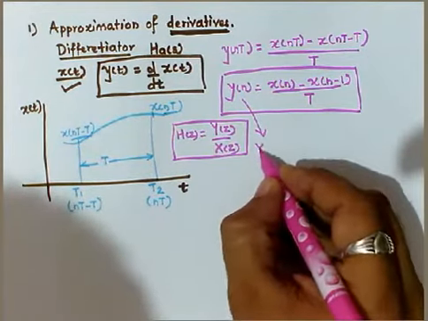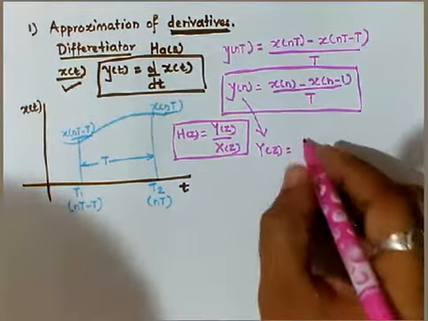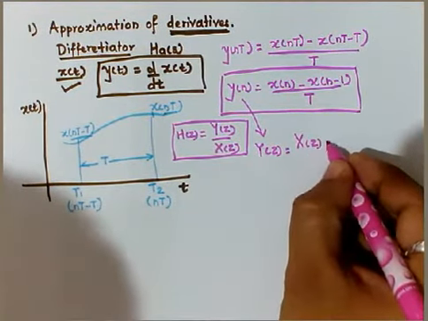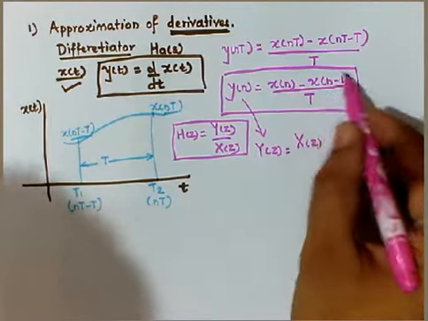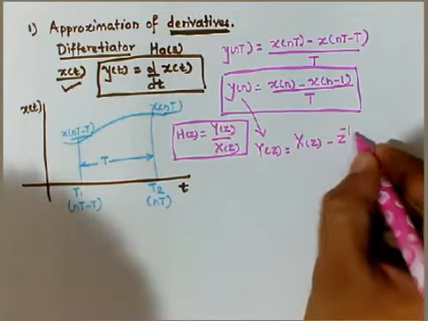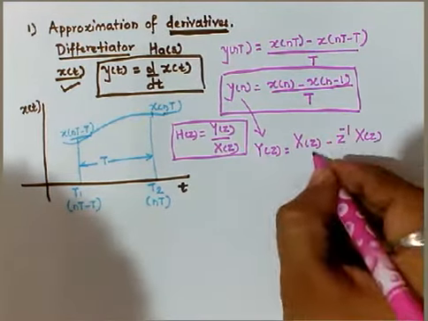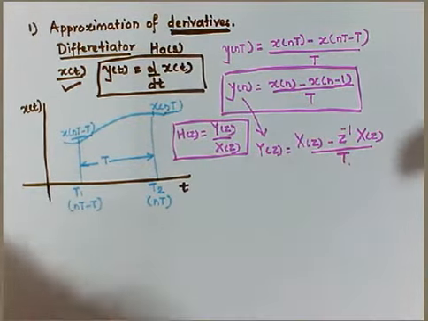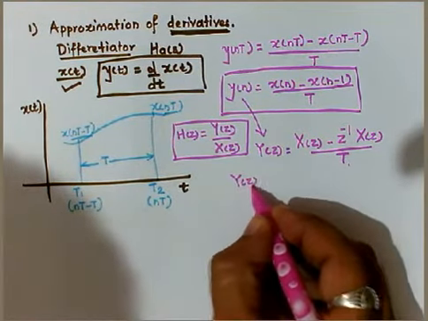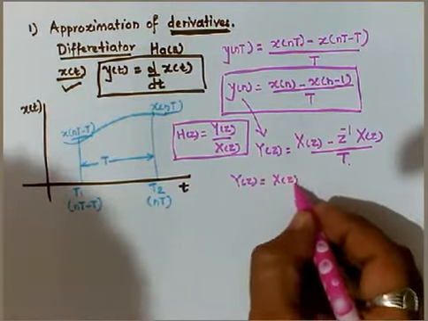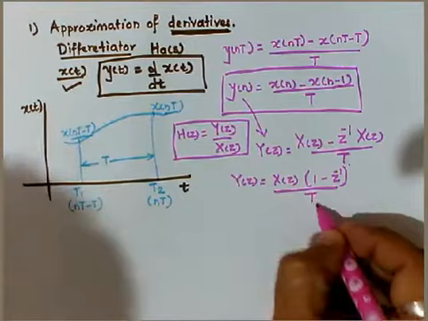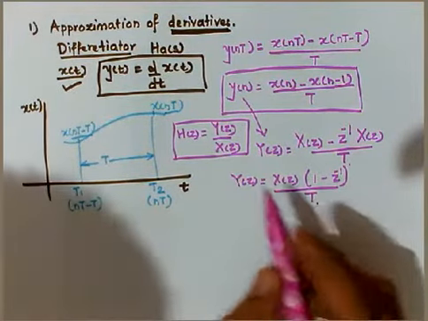It is Y(z) is equal to X(z), then apply the time shifting property for x(n minus 1). So this becomes minus z inverse X(z) by T. Now let's take X(z) common. So Y(z) will be equal to X(z) into 1 minus z inverse by T.